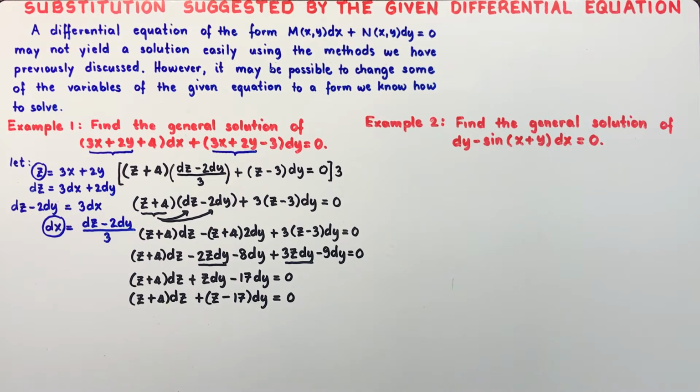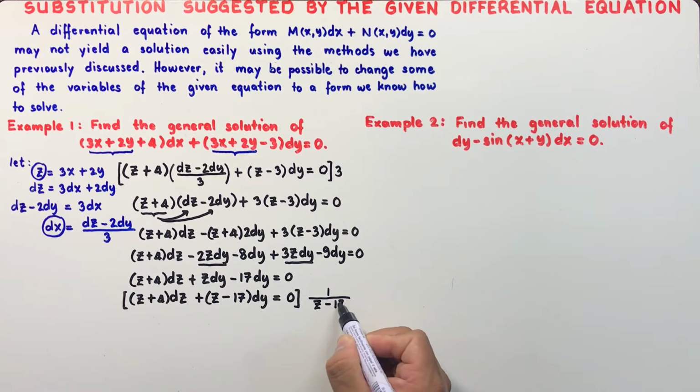We notice that this is already a separable differential equation by moving the z minus 17 as the denominator of this term. That can be accomplished by multiplying both sides of the equation by 1 over (z minus 17).